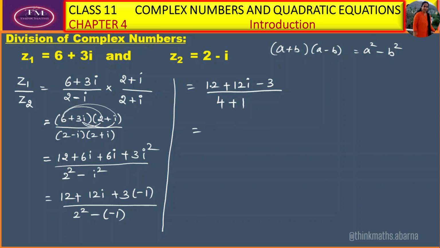That is 12 minus 3, subtracting the real part, 12 minus 3 is 9, plus 12i, divided by 5. You can write this as 9 by 5 plus 12 by 5 i. So this is also a complex number. So division of complex numbers gives a complex number. Clear, children? How to divide it? Clear? So moving on to the next important topic.